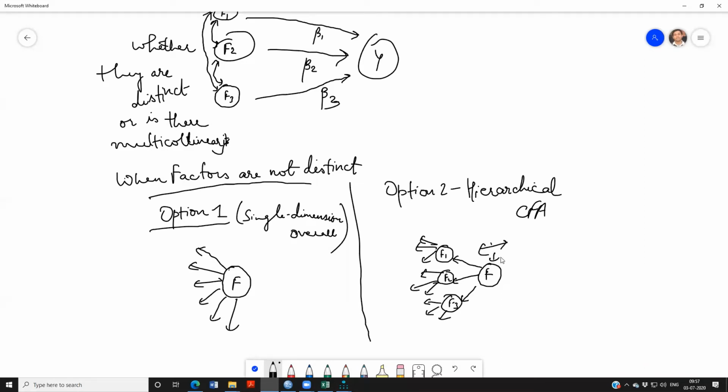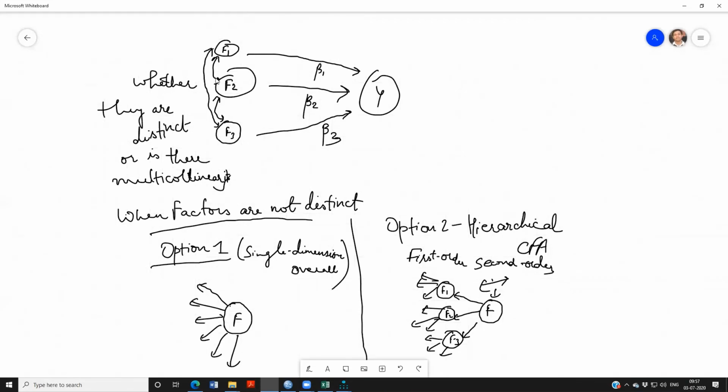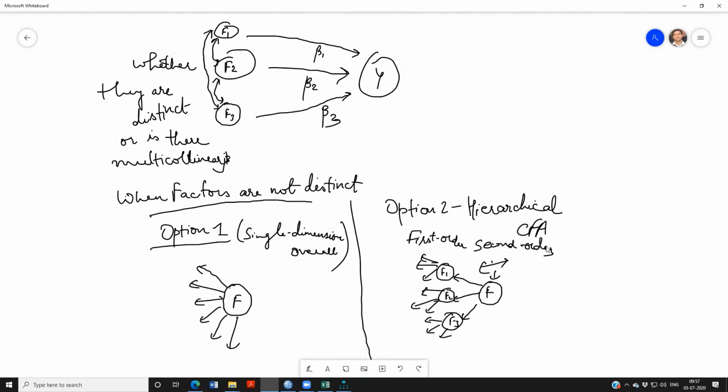This is called the second order latent factor, and these are called the first order latent factors. So that is why it is necessary that you first check, and therefore when you are doing analysis, allow them to co-vary so that you understand whether these are distinct or not.